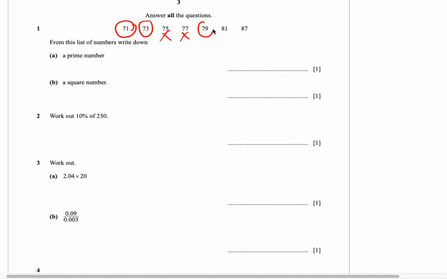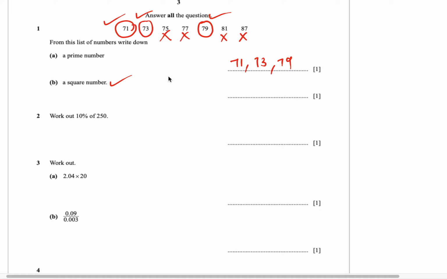Now 79 is also not coming in any table. 81 comes in 9 tables, so it's gone. 87 comes in 3 tables, so it is also gone. So we can write any of these 3 options: 71, or 73, or 79 is also fine.